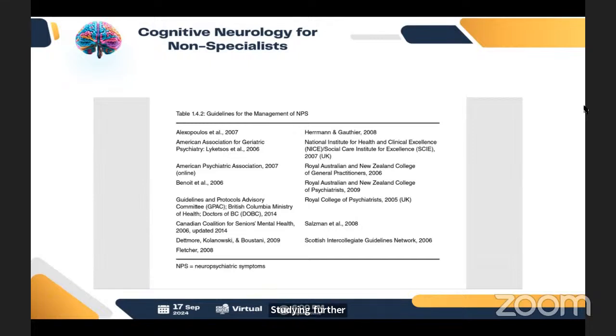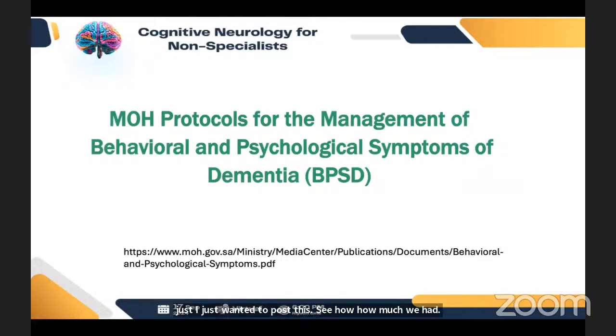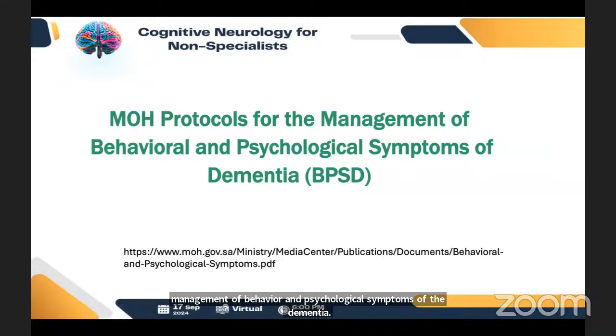I just wanted to show how much we have, and related to that, the MOH, Ministry of Health, has had, since 2021, so almost 2.5 years now, this protocol for the management of behavioral and psychological symptoms of dementia, and you could find it on the website of the Ministry of Health.